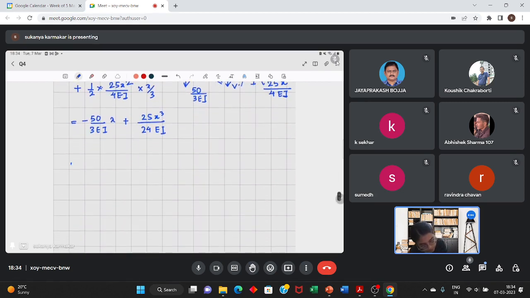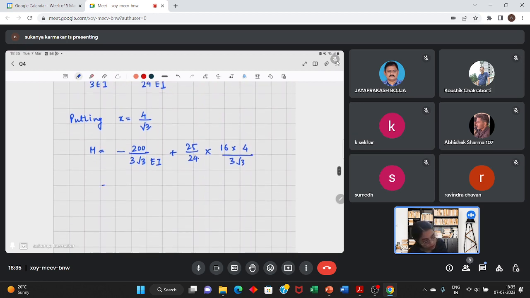So putting x is equal to 4 by root 3, M will be equal to minus 200 by 3 root 3 EI plus 25 by 24 into 16 into 4 by 3 root 3. So when you simplify, you'll come up with a number 400 by 4 root 3 EI.